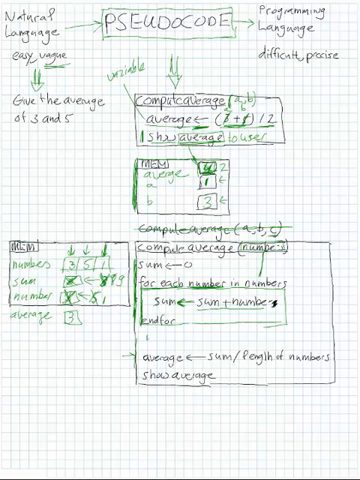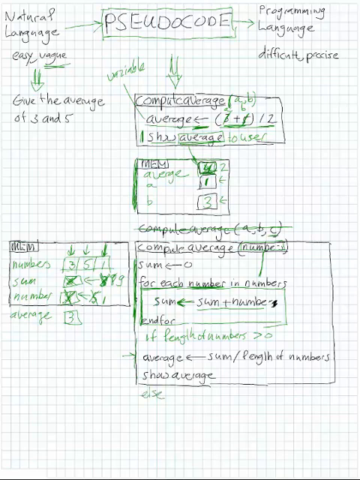We can write down, that's why I left some space, if the length of numbers, this list of numbers, is greater than 0, well, then we're happy and we can continue with computing the average and showing the average.